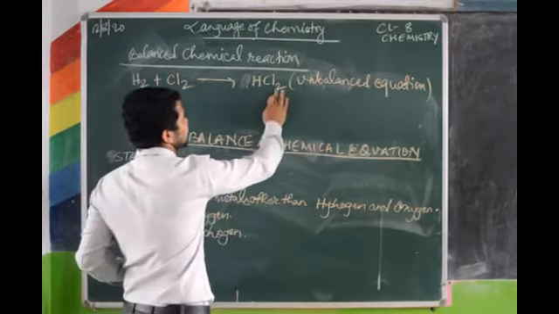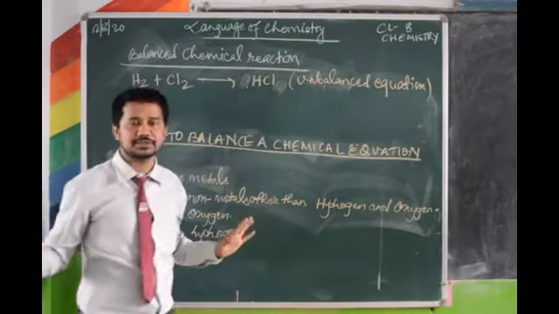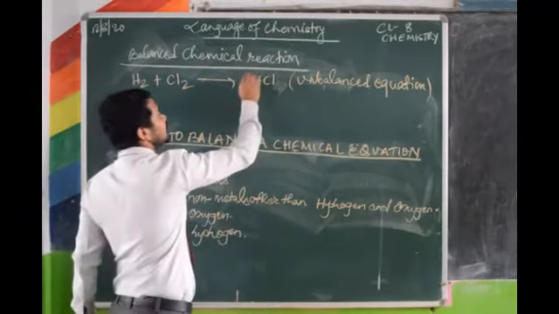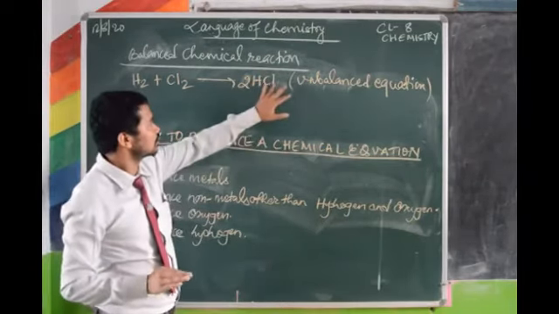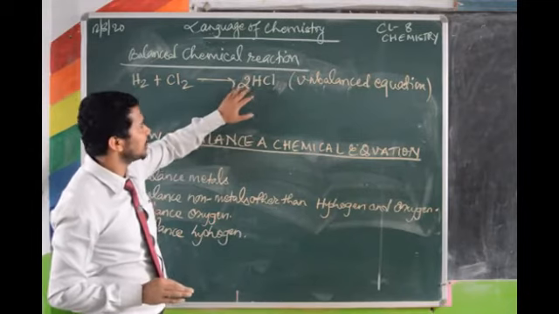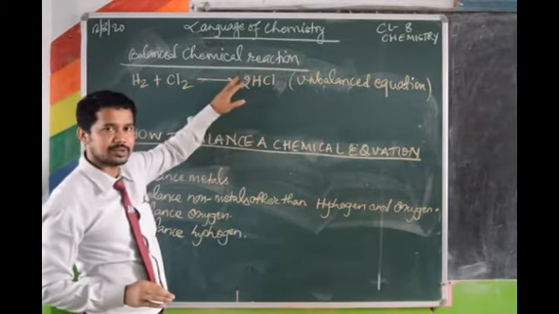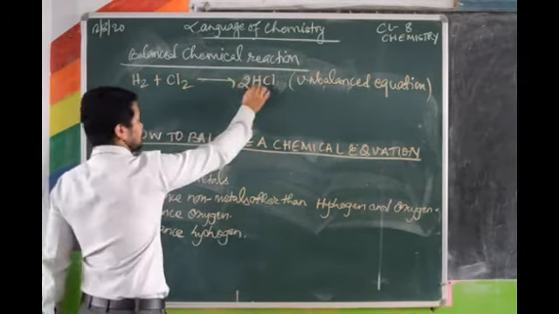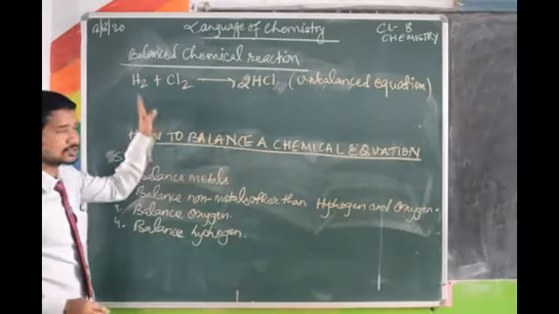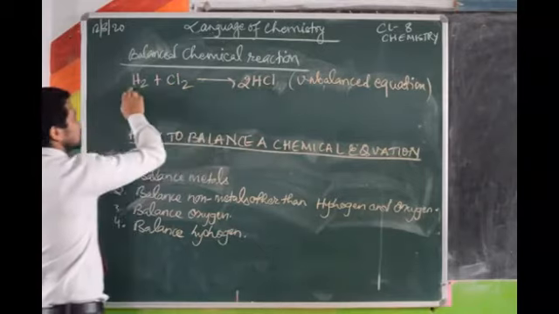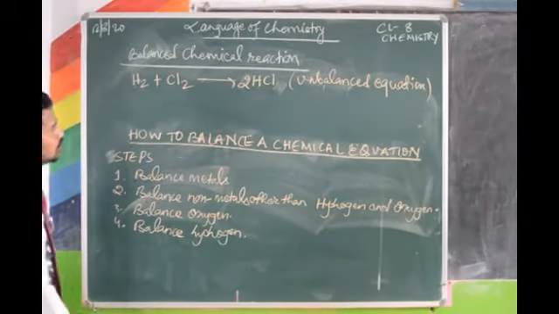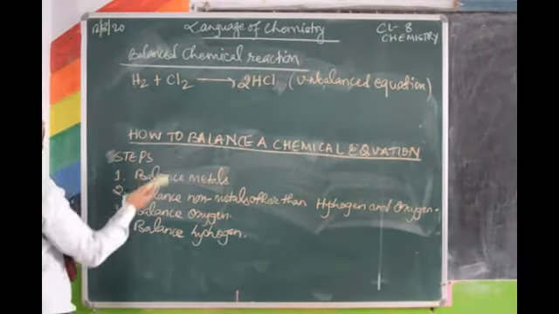If you do it like this, then the molecular formula will get changed. You add a number in front. Always add a number in front. So this 2 is for chlorine as well as for hydrogen now. Then comes balance oxygen. Oxygen is not there, so you will be balancing hydrogen. Hydrogen 2 and here also hydrogen is 2. So this way we will be balancing.